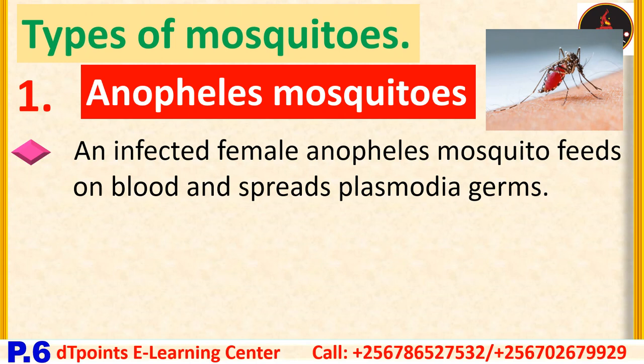You will not be marked right. It should be an infected female Anopheles mosquito. That is a complete answer, because not every female Anopheles can spread the Plasmodium germs. Are we together? I hope you are following the argument. So make sure you emphasize an infected female Anopheles mosquito.